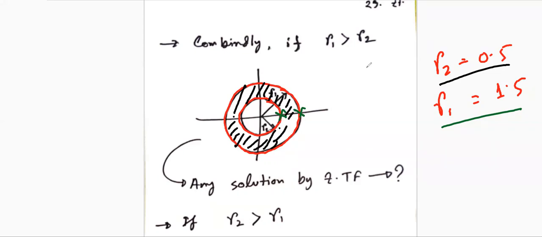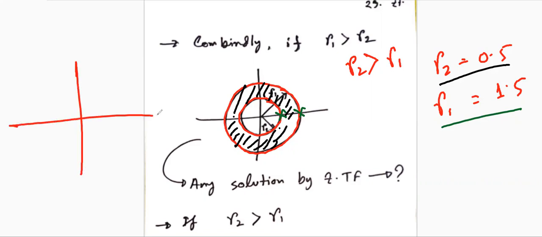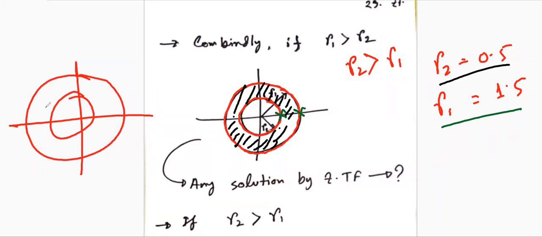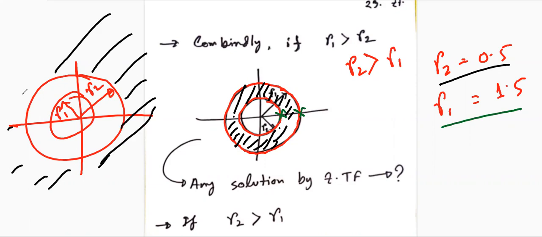But unfortunately, if R2 is greater than R1, in that case you will not get any solution because R2 is higher. This is R2 and this is R1. The pole R2 is for the right-sided sequences, so the exterior is the solution.